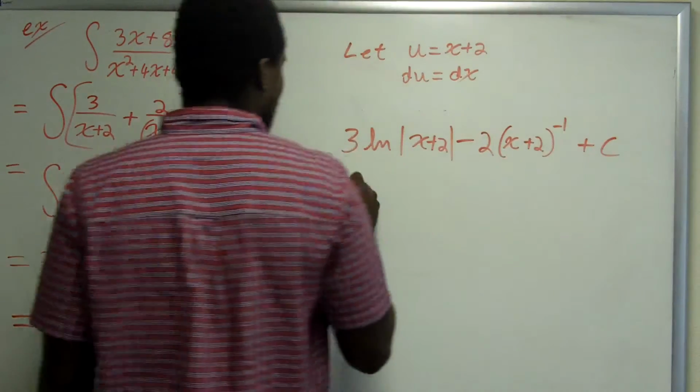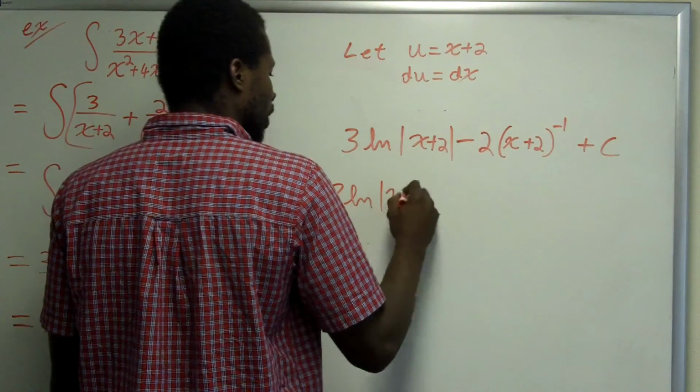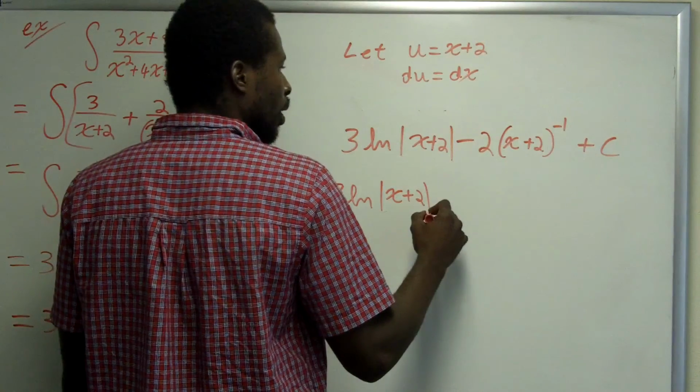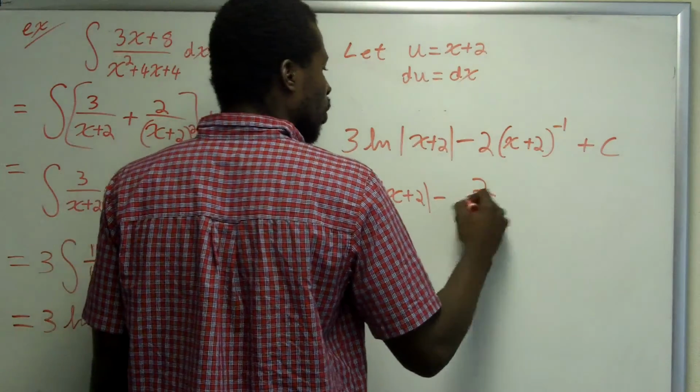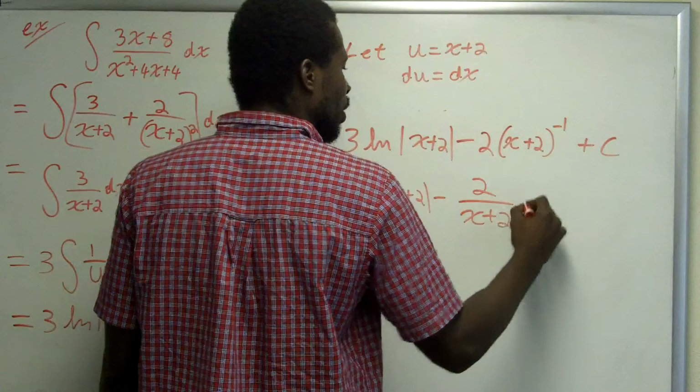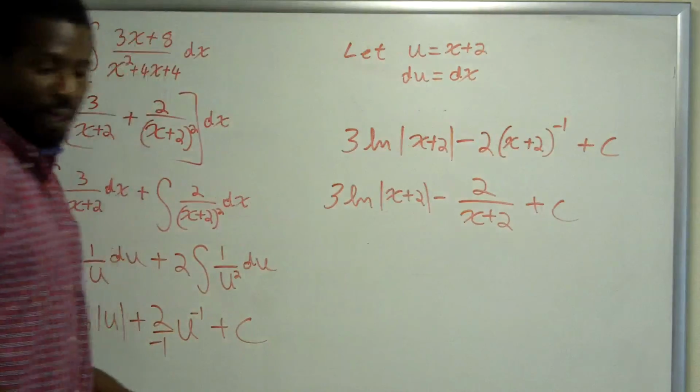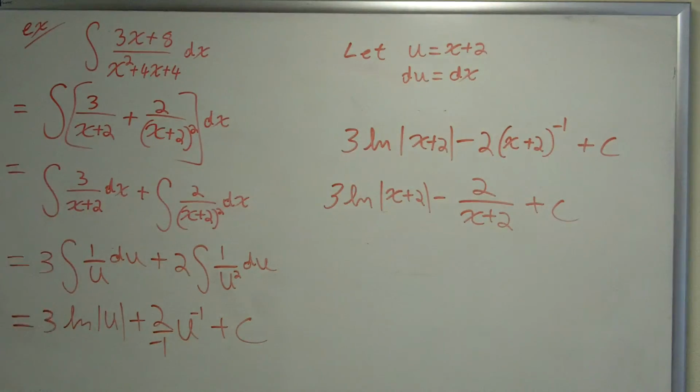So the final answer is 3 natural log of x plus 2 minus 2 over x plus 2 plus c. And there, that is how we do partial fractions when there are repeated zeros in the denominator, repeated factors in the denominator.